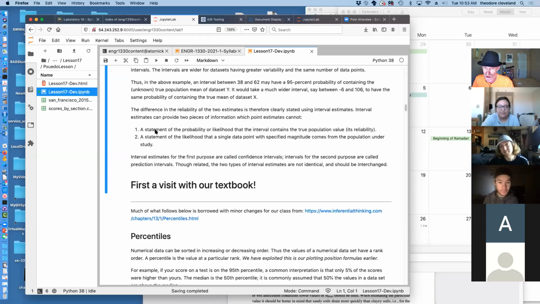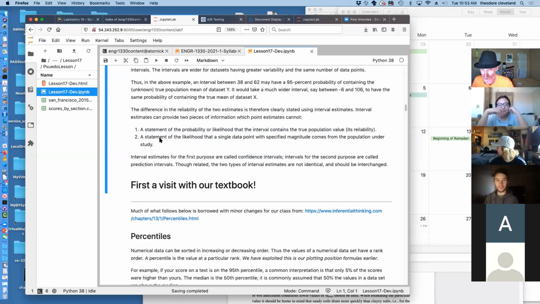If we're producing interval estimates in order to produce a statement of probability or likelihood that an interval contains the true population value, those estimates are called? We call those confidence intervals. Excellent.